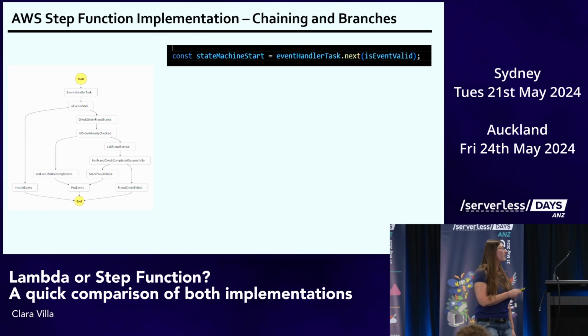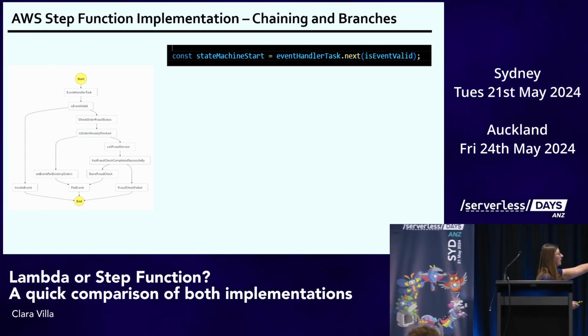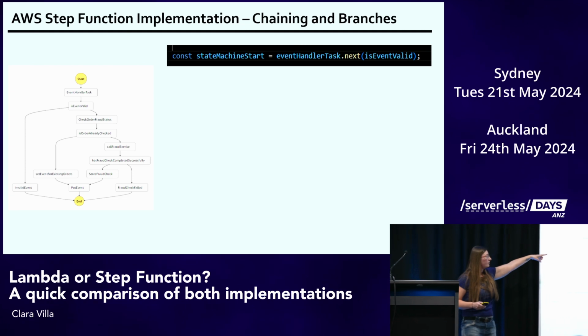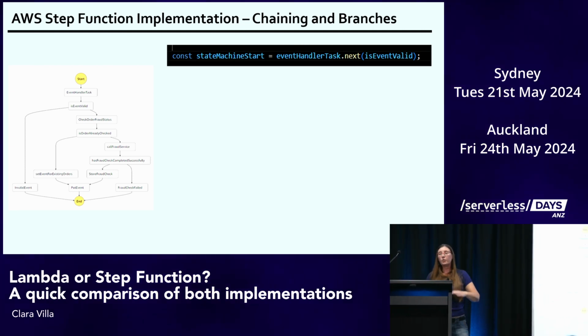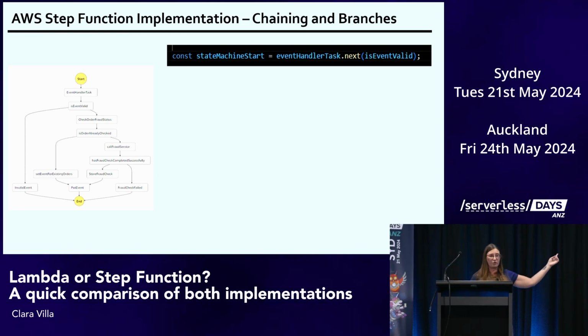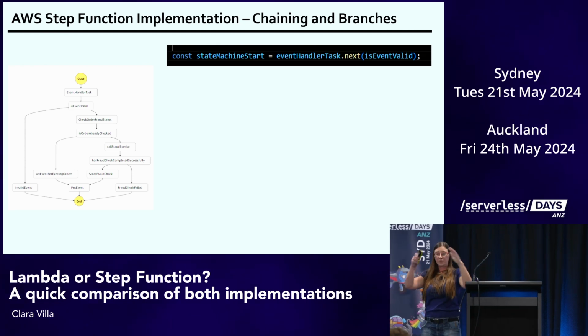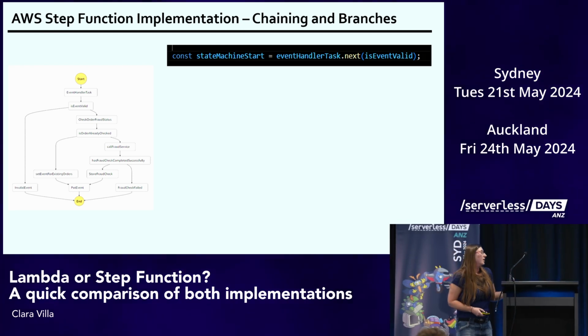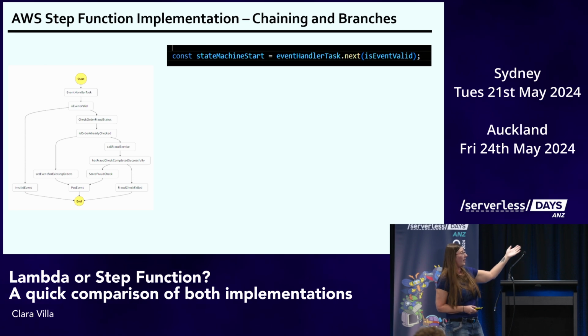So I'm starting and creating the start of my state machine here by saying, go event handler, and then do is event valid. You could potentially chain like 10 tasks if you want, but my second task is a choice. You cannot .next a choice for obvious reasons, because you don't know where you're going. So in this case, I have to stop there.